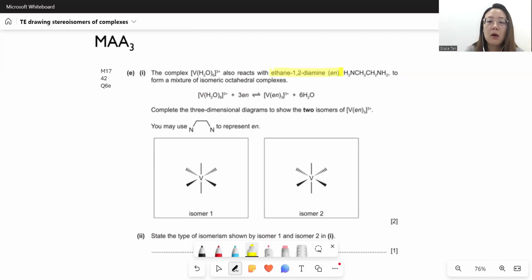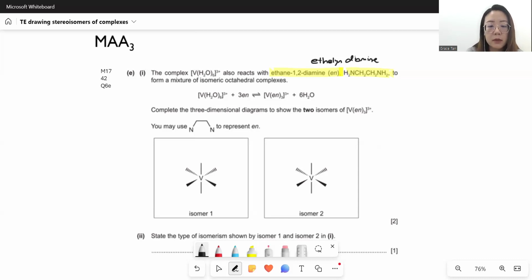You must know the formula of your ethane 1,2-diamine, also known as ethylene diamine. I'll normally use ethylene diamine. The spelling is somewhere around there.